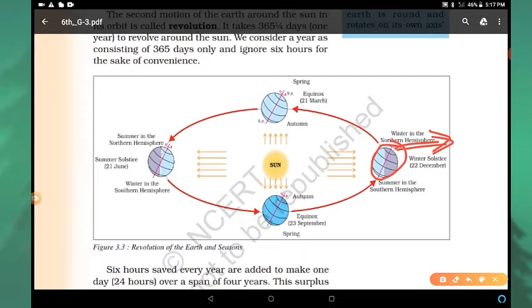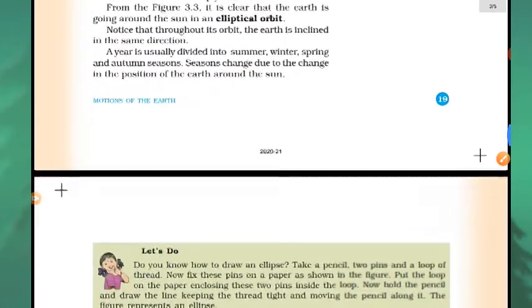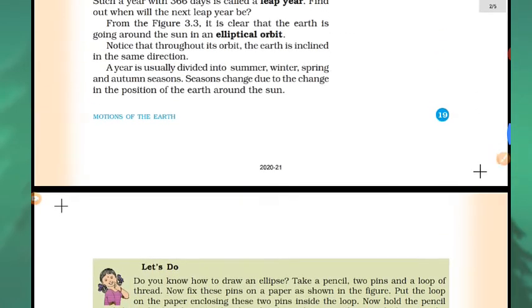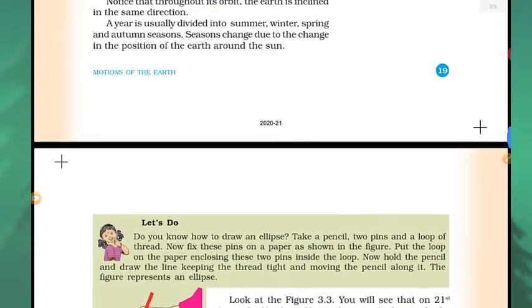In the same way, when earth taking a round reaches here also it is tilted towards here. Earth does not change its position. The position of earth will be the same while taking a round of the sun. So this is the elliptical orbit, due to which it is inclined in the same direction.